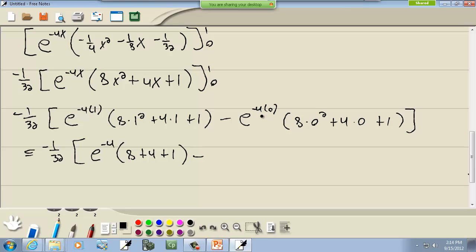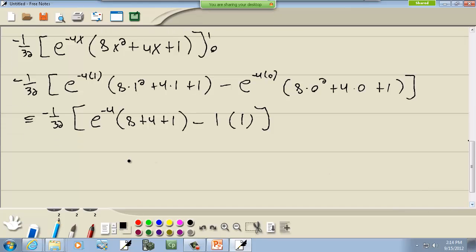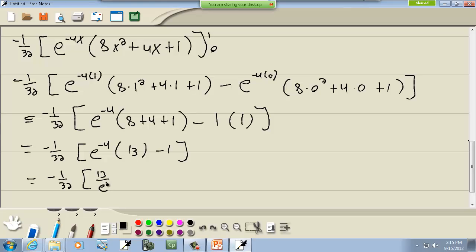Negative 4 times 0 is 0. Anything to the 0 power is 1. This drops away, and we've got 1 there. Gives us negative 1 over 32 e to the negative 4 times 13 minus 1. And this becomes 13 over e to the 4th, minus 1.